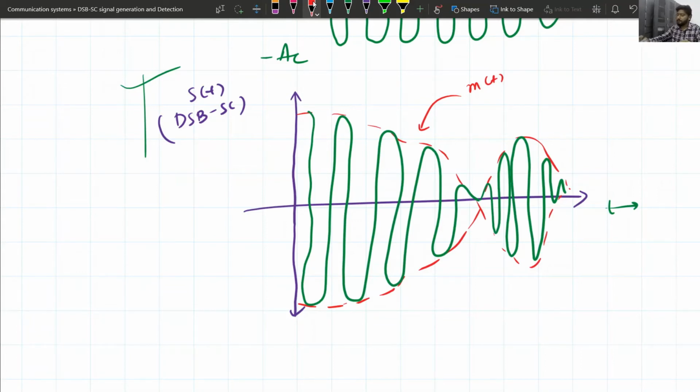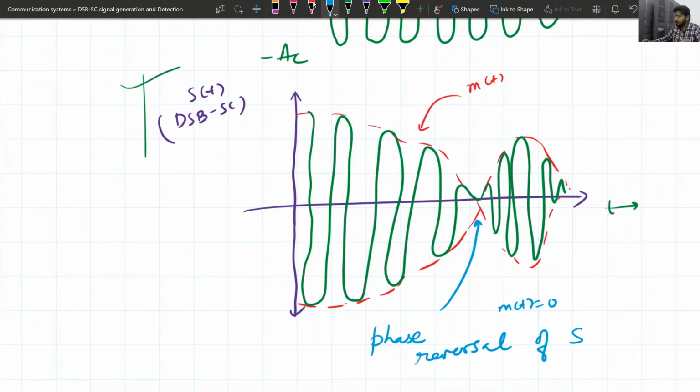Now one thing to observe here is that at the point when m(t) becomes 0, there is a phase reversal. Phase reversal is observed in the modulated wave.